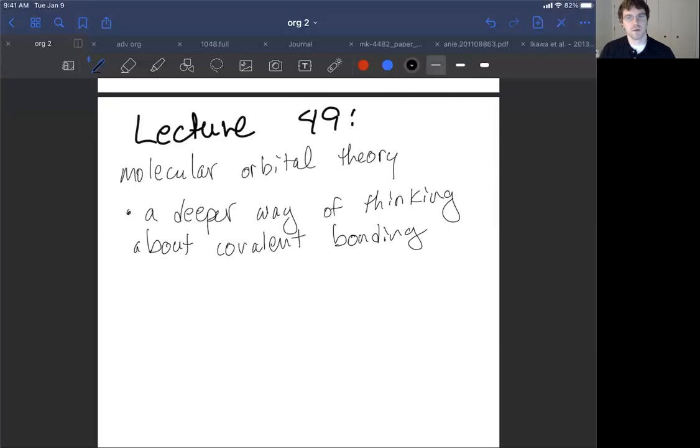Okay, so to do this, we need to go back to the orbital, just to remind ourselves of what an orbital actually is when we're using them. So orbitals represent three-dimensional space that an electron can exist in.